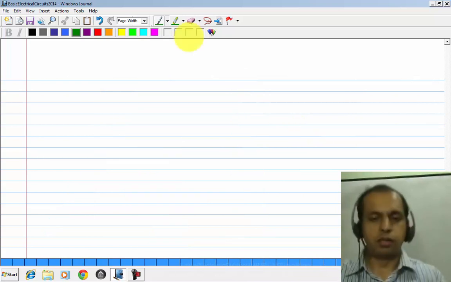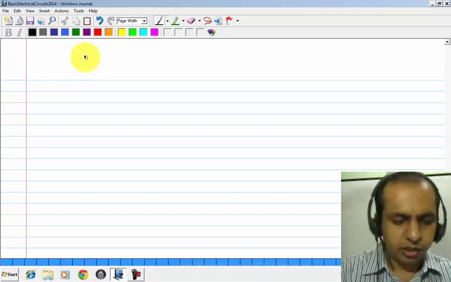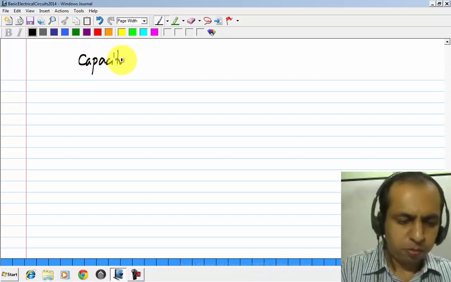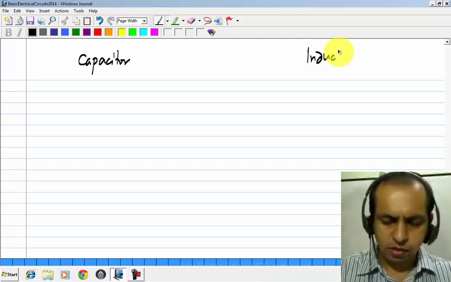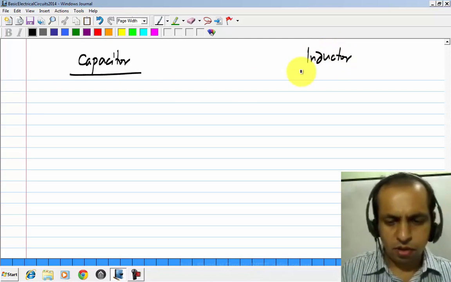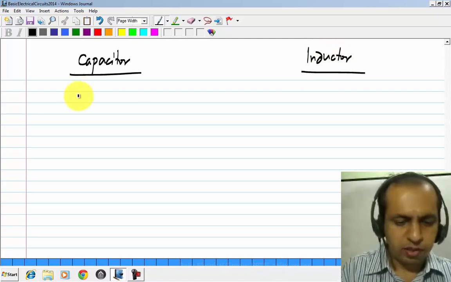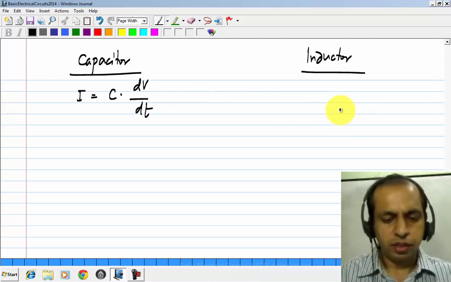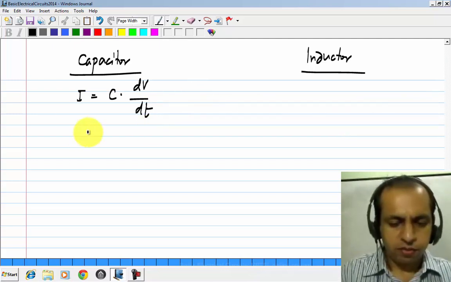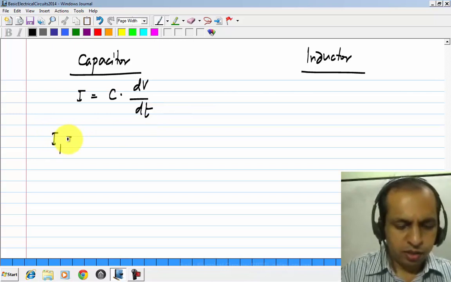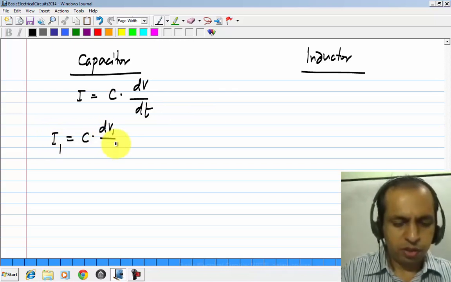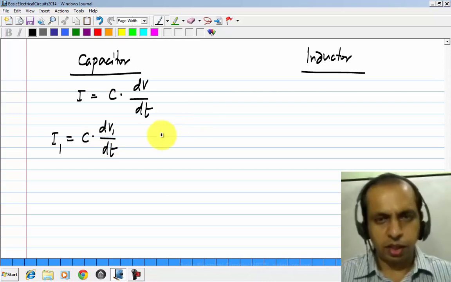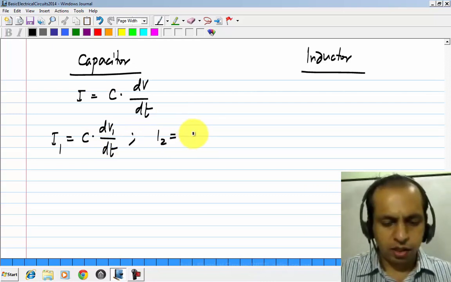Now let's quickly look at the other two elements, the inductor and the capacitor. So the capacitor: I is C dV dt, and if you have a certain current I1 because of a particular voltage V1, which is varying with time in some way, and another current because of another voltage waveform V2.